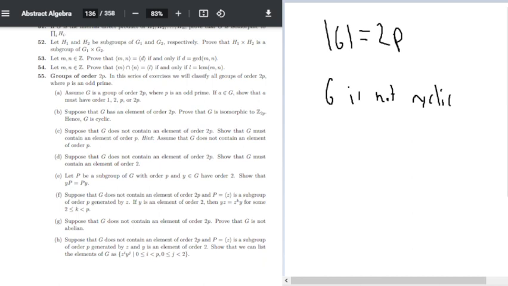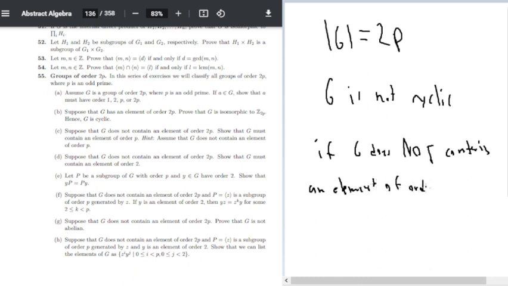So if G does not contain an element of order p, it contains 2p elements of order less than or equal to 2.